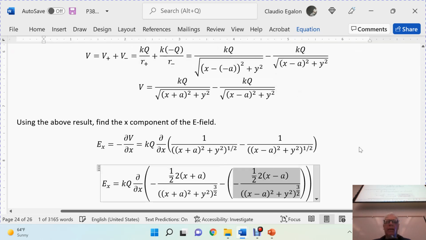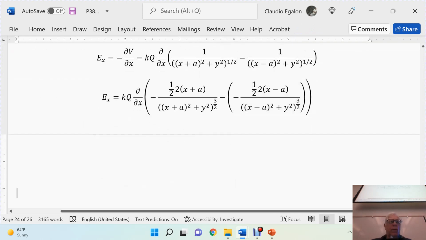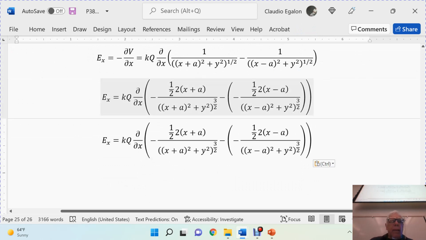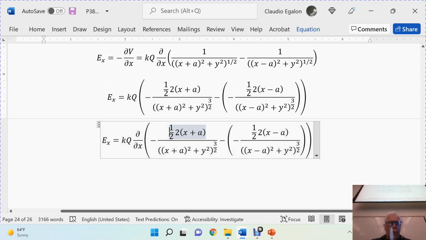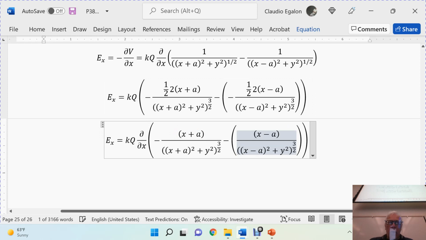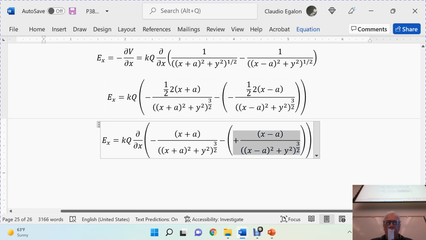Okay. We don't need the partial derivative anymore because we did the derivative. We can cancel this out here. The 2 cancels out with the 2. The minus cancels out with the minus. It becomes plus.